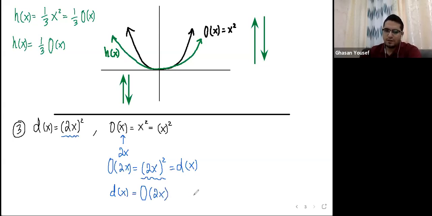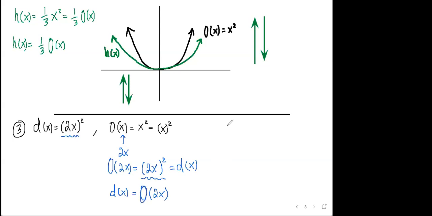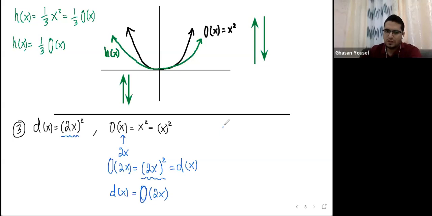First of all, is the number inside or outside? Inside, exactly. So the number 2 is inside. This means if it's inside, it's horizontal.